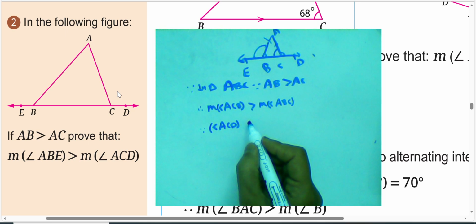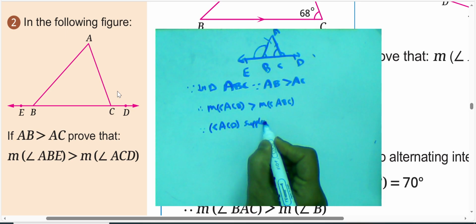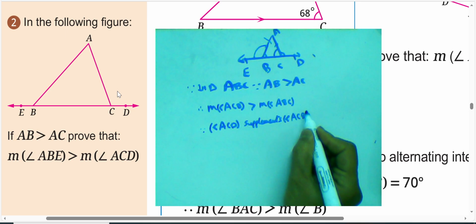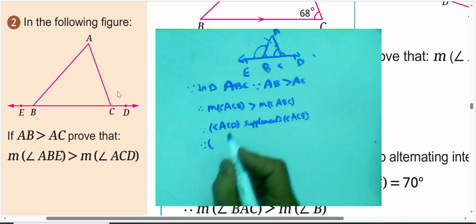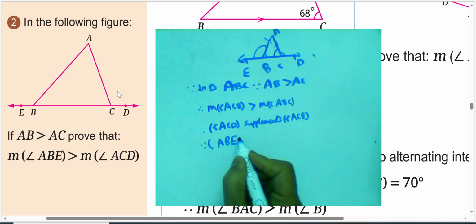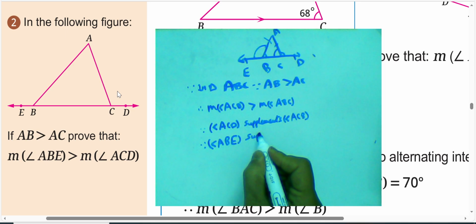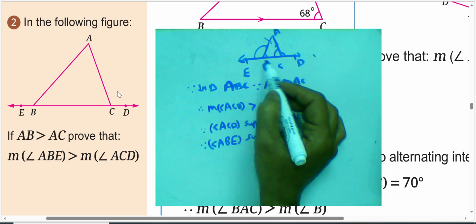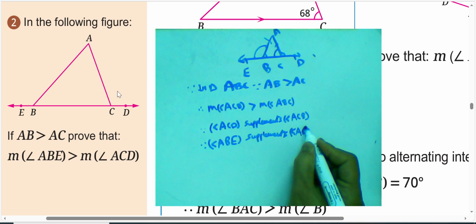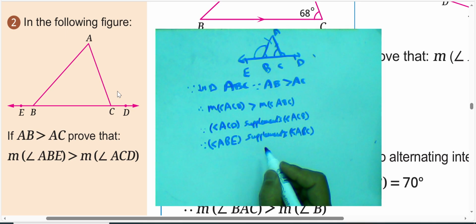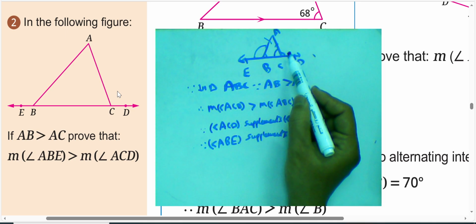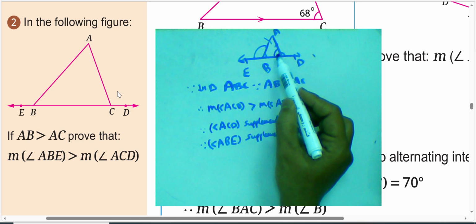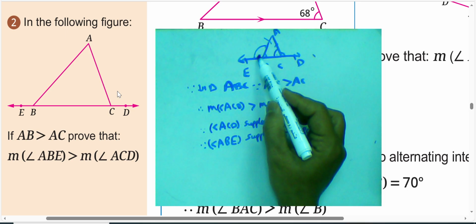Or you can write that angle ACD is supplementary to angle ACB, and also angle ABE, this angle, is supplementary to angle ABC. Then we have the relation between angle C and angle B. Angle C greater than angle B, then the supplement of this angle will be less than the supplement of the other angle.